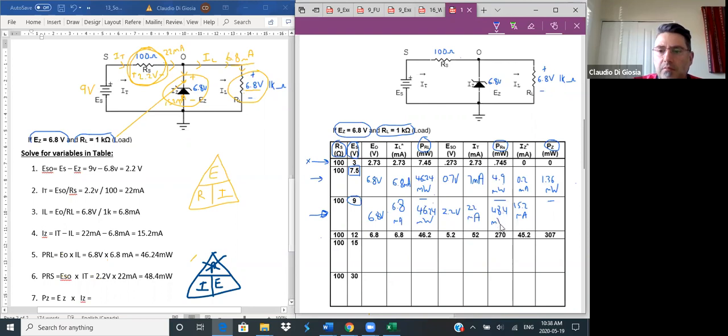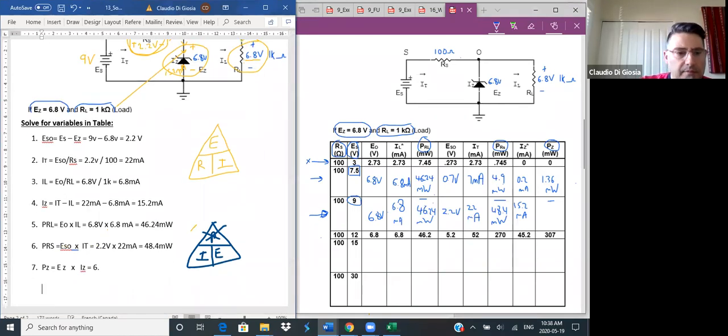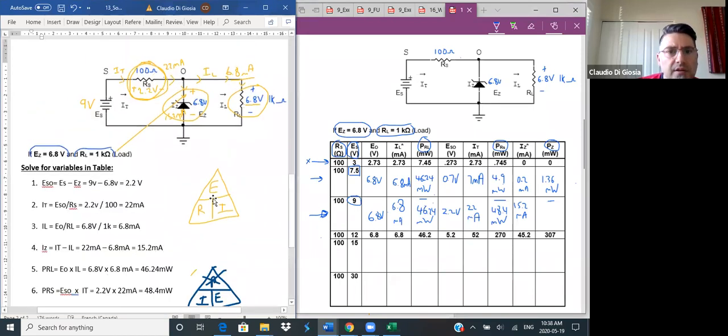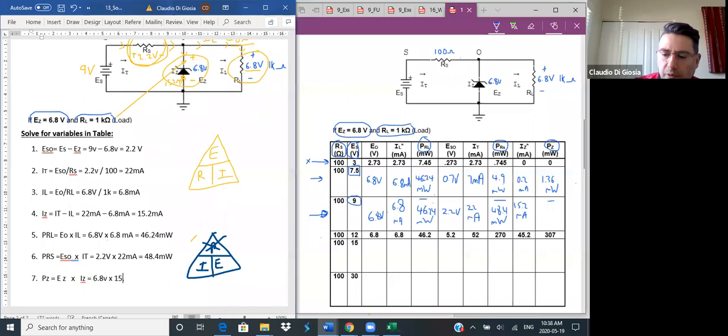And I've got one left, PZ, the power across the Zener. EZ is EO, which is 6.8 volts. I'm going to multiply by IZ, and IZ was 15.2 milliamps.